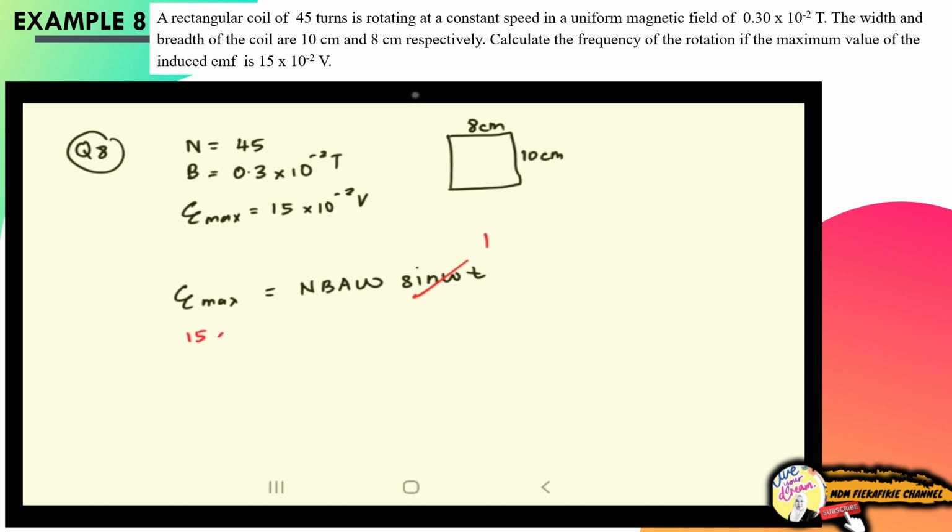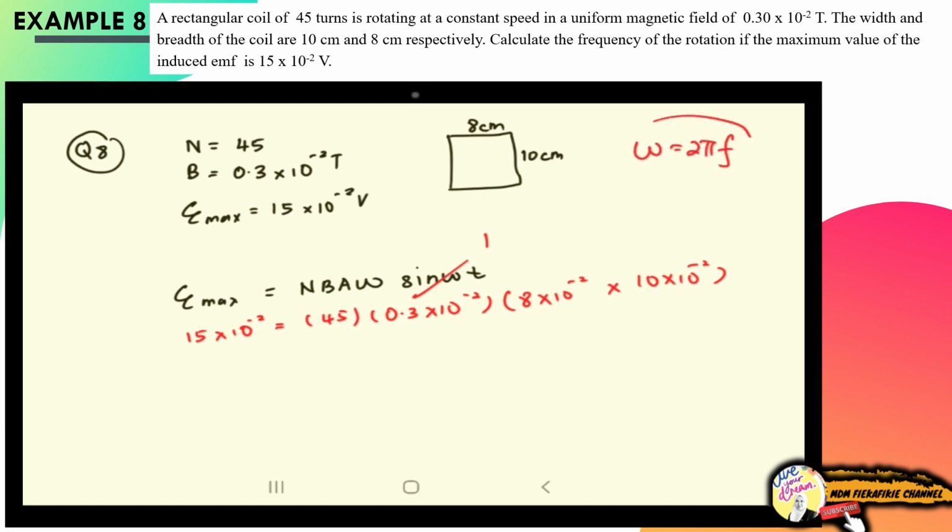Therefore, we can just substitute all the values, where N is 45, B is 0.3 exponent negative 2, and the area you can calculate, 8 exponent negative 2 times 10 exponent negative 2, and omega. We want to find the frequency, so you must know that omega is equal to 2 pi f.